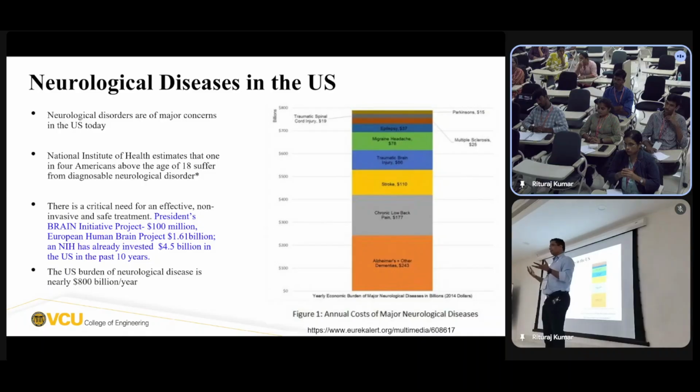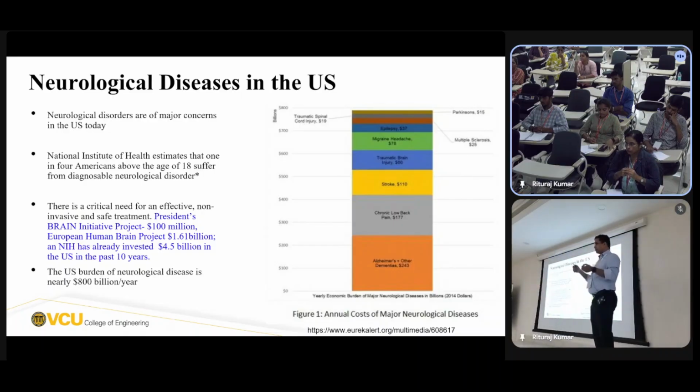Neurodegenerative diseases are such as Parkinson's and Alzheimer's. You get them because neurons wear out and there is plaque in the brain, and that causes memory loss and movement issues.